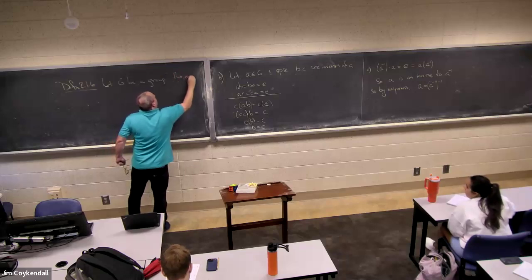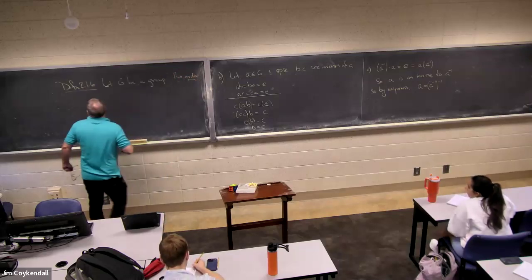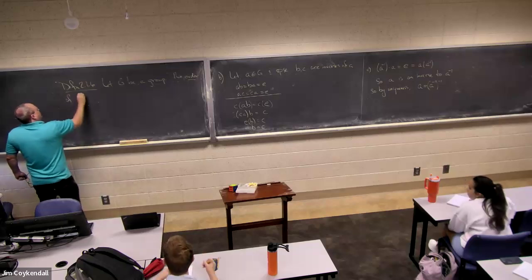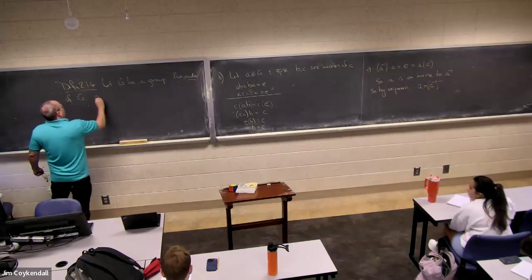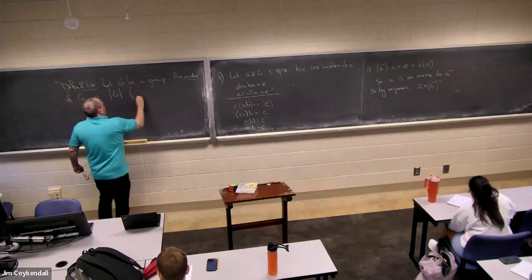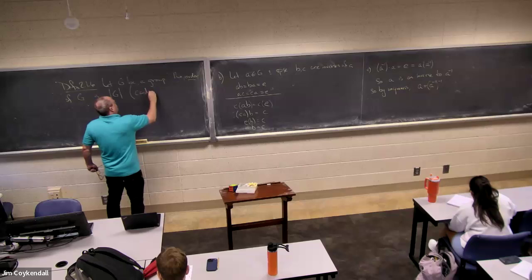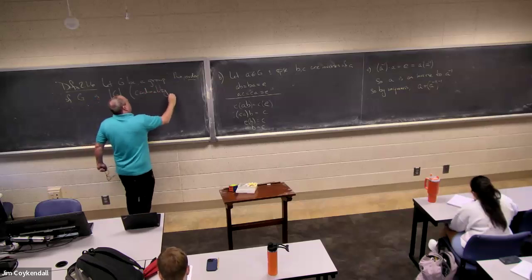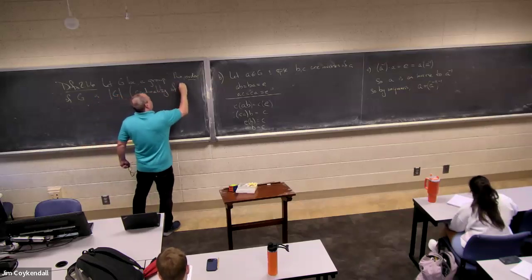The order of G is the cardinality of the underlying set.